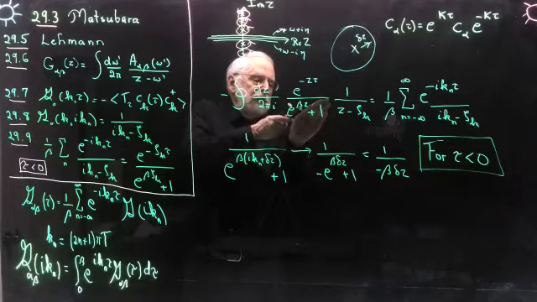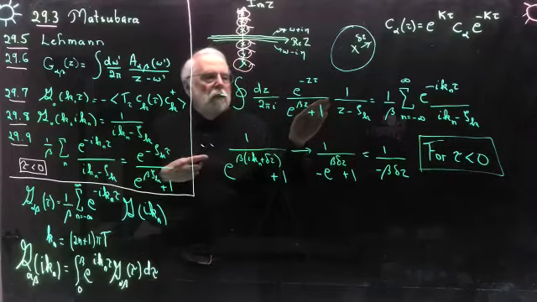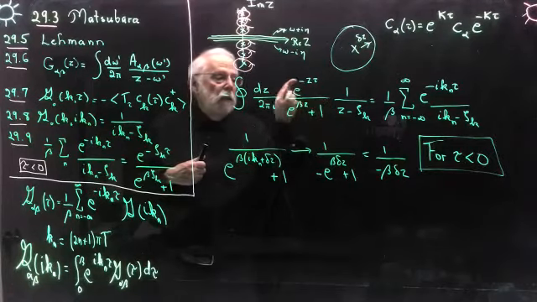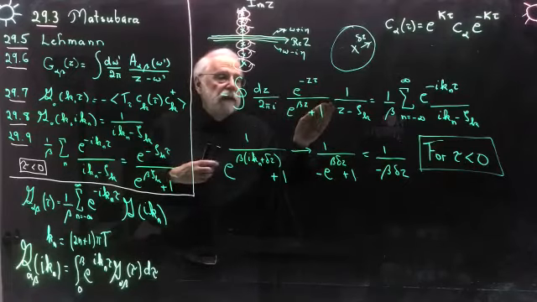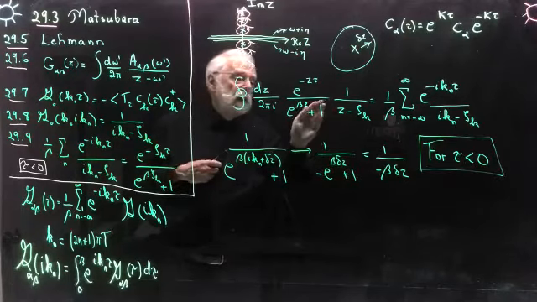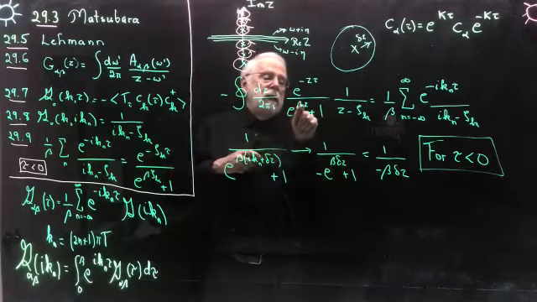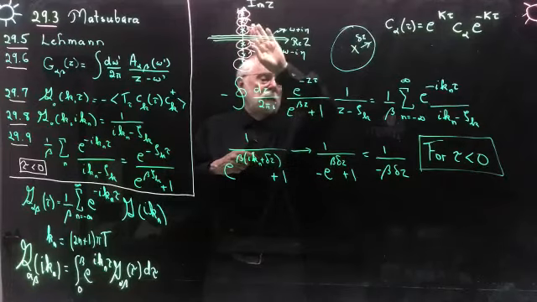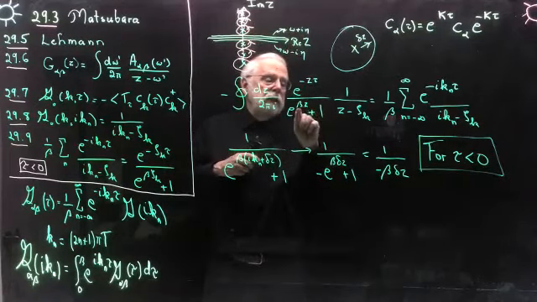So because of this factor, it will go to 0 when z goes to infinity. Well, the real part of z goes to infinity, and it's positive. So positive z.